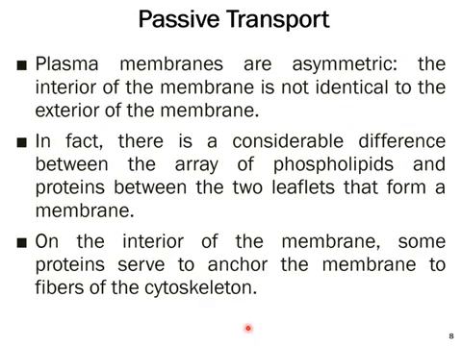Plasma membranes, as we already studied in the last lectures, are asymmetric. They are not symmetrical in structure. The interior of the membrane is not identical to the exterior of the membrane, so both sides are different in structure. In fact, there is a considerable difference between the array of phospholipids and proteins between the two leaflets that form a membrane.